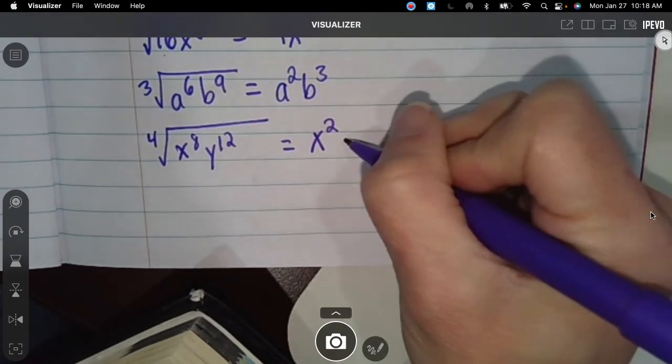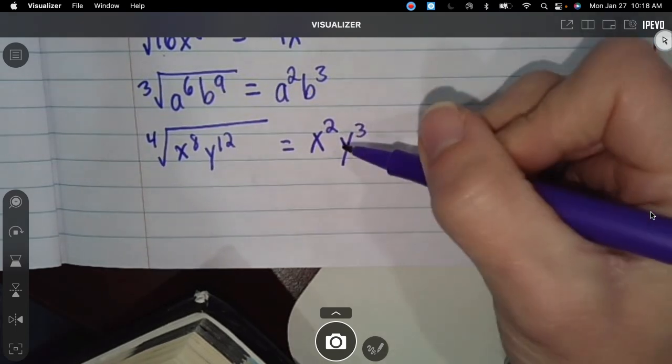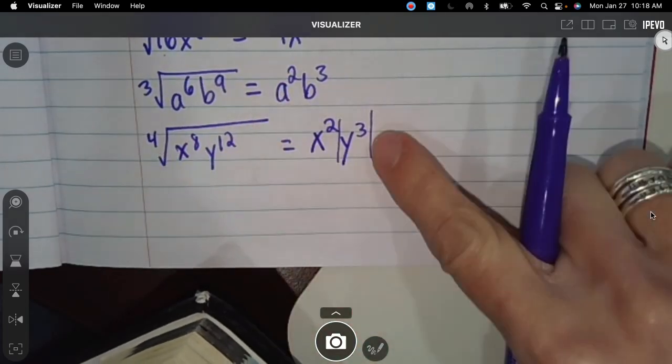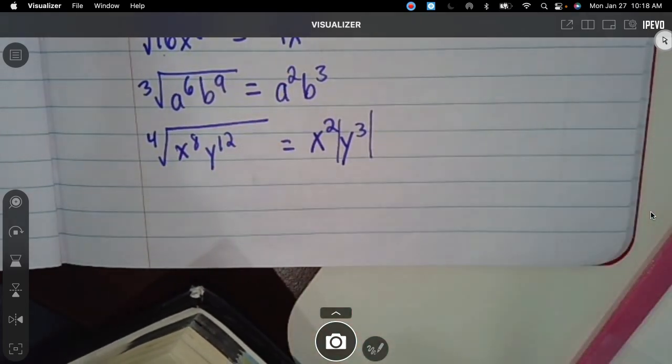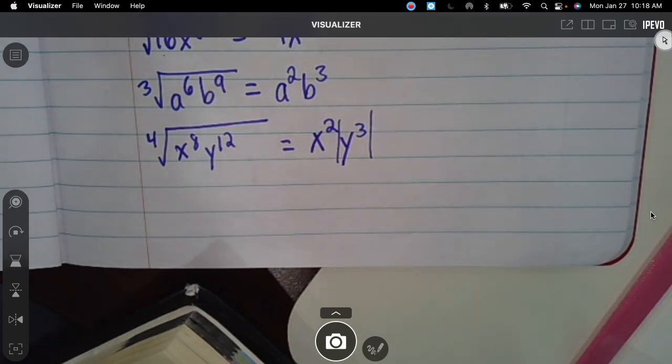X squared. And what's 12 divided by 4? 3. In your book, this one would have absolute value bars in the answer, because it's an even root and you get an odd exponent. It's just saying that can't be negative under there. It's weird. I don't know.